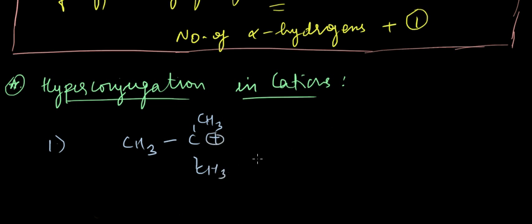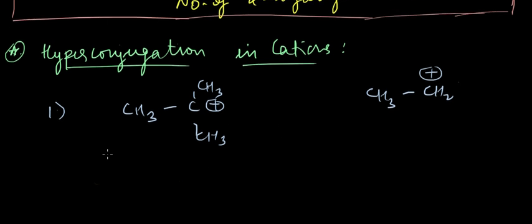Let us compare its stability with this cation. In this cation we know that the number of alpha hydrogens is 3 into 3, 9, and in this case the number of alpha hydrogens is only 3.